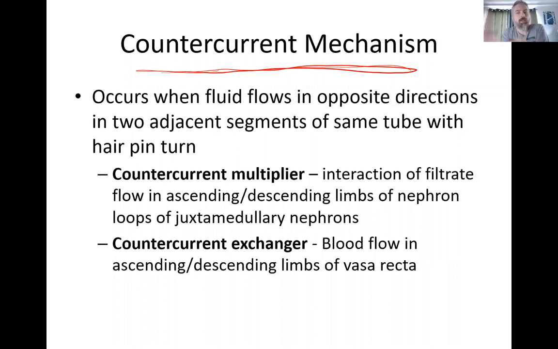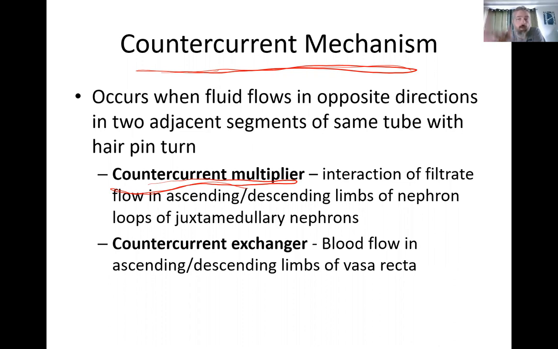Okay, and the reason this becomes so important is that we can get what's called a countercurrent multiplier built out of that.